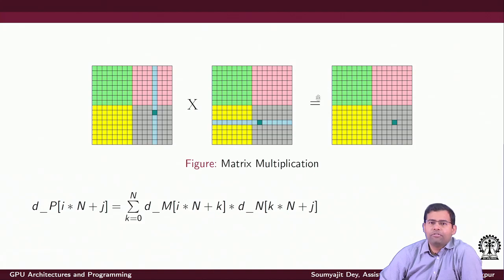You have this many threads that have been launched. Each thread is trying to compute one of the elements of the target matrix, right? Question is, how will each thread know for which value it is going to do the compute? This is the main problem here.